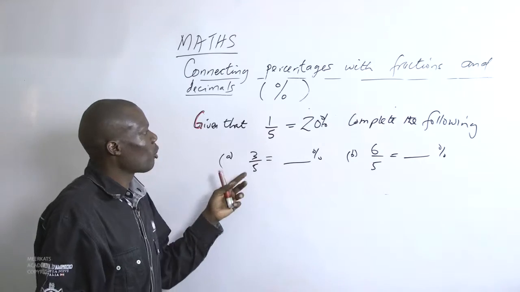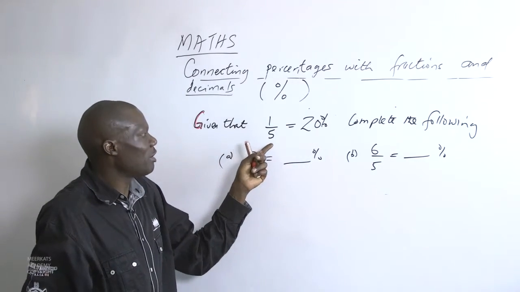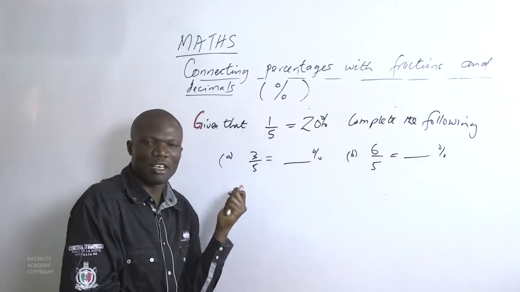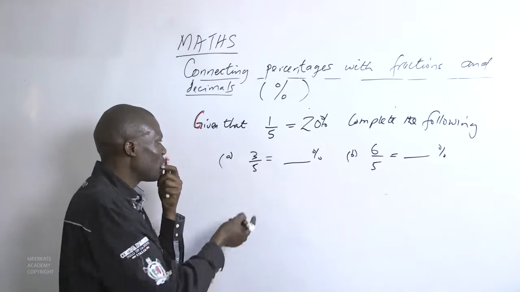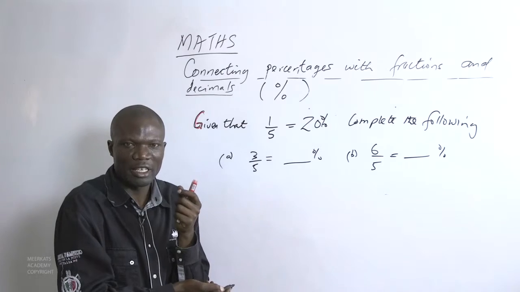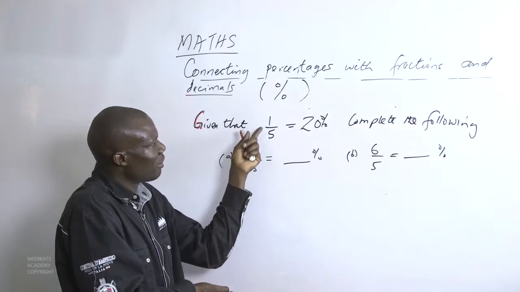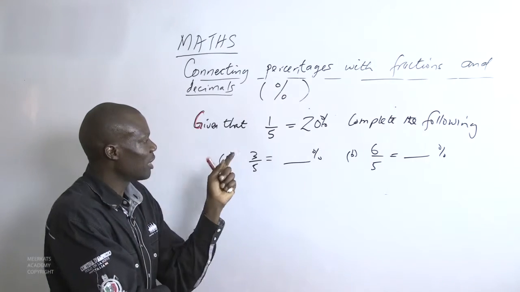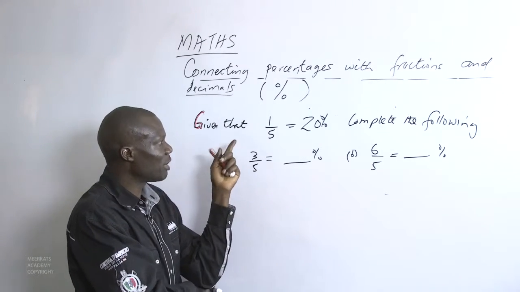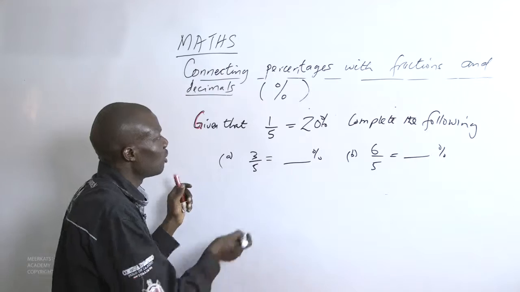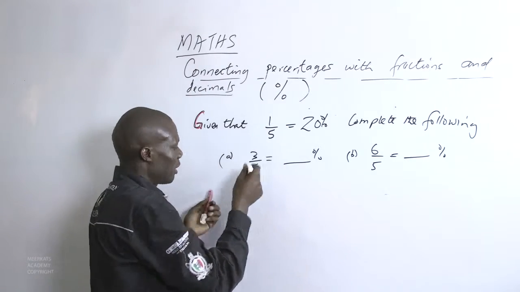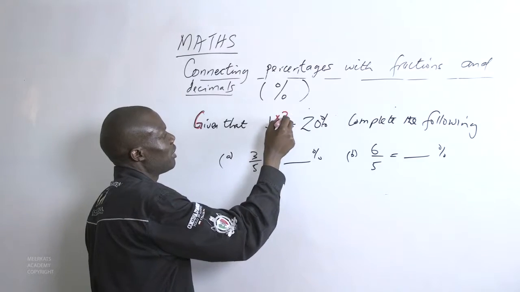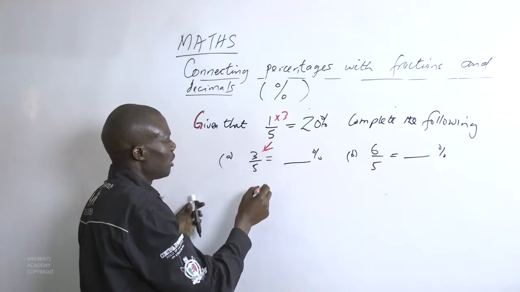Simple. We have been given 1 over 5 is 20%. How about 3 over 5? You realize that for us to get 3 over 5, then a fifth must have been multiplied by something. And what is that something? Take 3, the numerator, divide by 1, you find it is 3. So they have simply multiplied this one by 3 to get this.